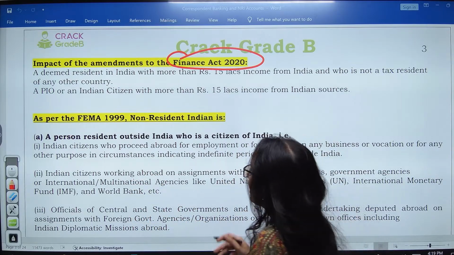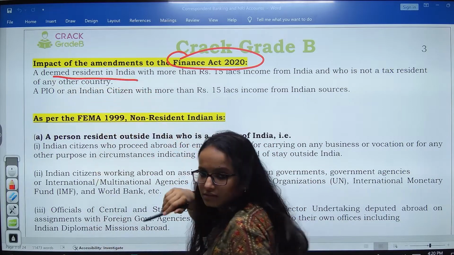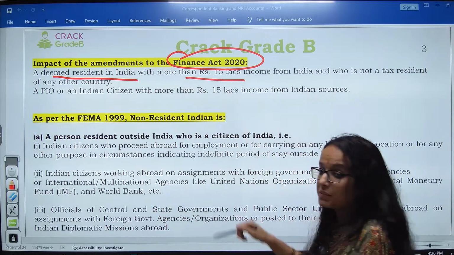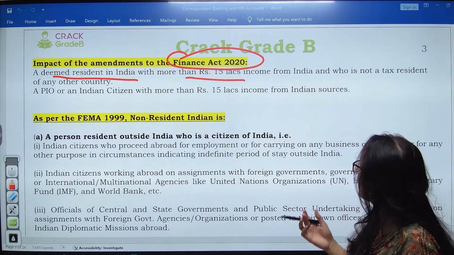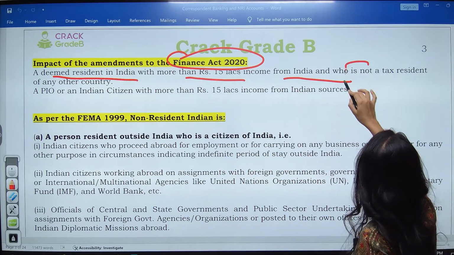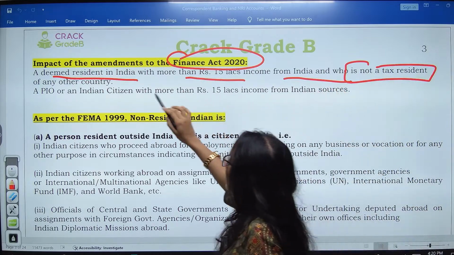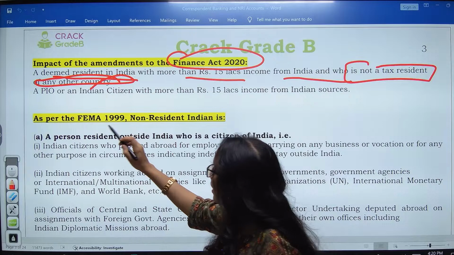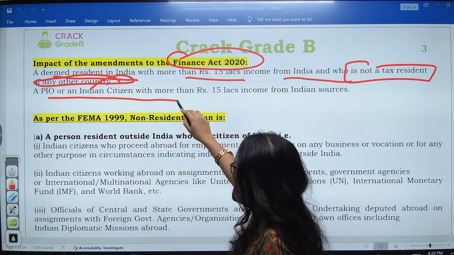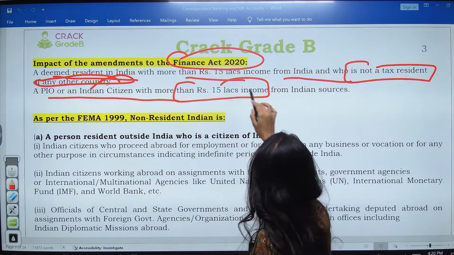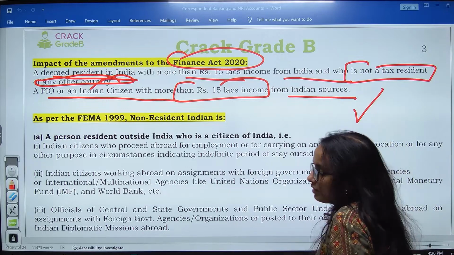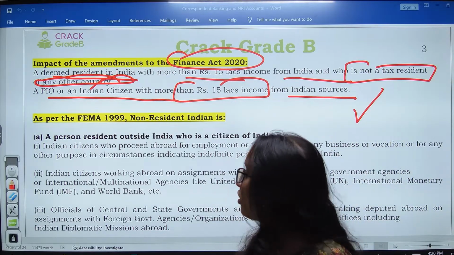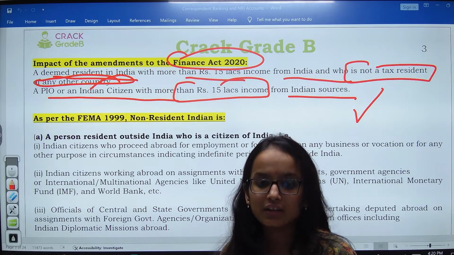A deemed resident in India, which will be an NRI with more than rupees 15 lakh income from India, and who is not a tax resident of any other country. That was included earlier as well, right? Then a PIO or Indian citizen with more than 15 lakh income from Indian sources can also be considered. So this was added through your amendment. This was not originally there.